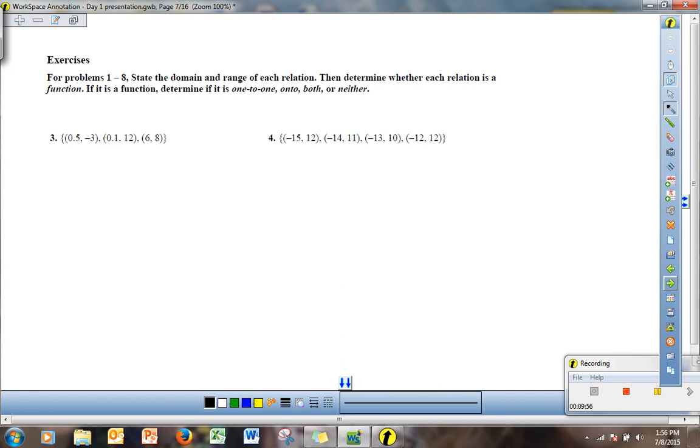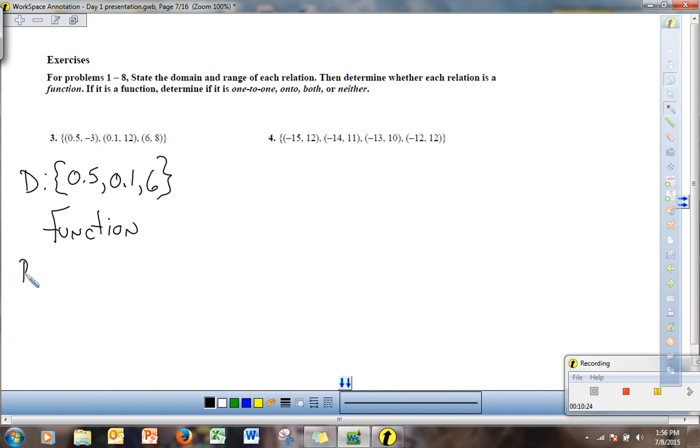Let's take a peek at number 3. I'm going to fly through it really fast. Capital D, colon, brace. Looks like I got 5, 1, and 6. What do you think? Is it a function? No domain repeated, so yes, it's a function.